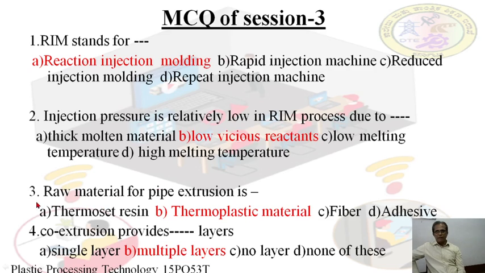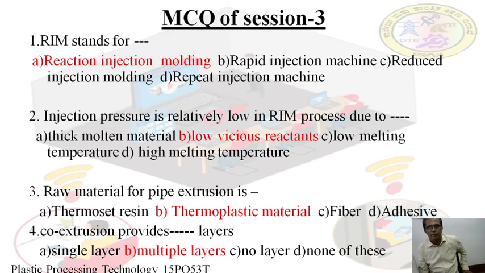Question number 3. Raw material for pipe extrusion is dash. A. Thermoset resin, B. Thermoplastic material, C. Fiber, D. Adhesive. So the correct answer is B, thermoplastic material.